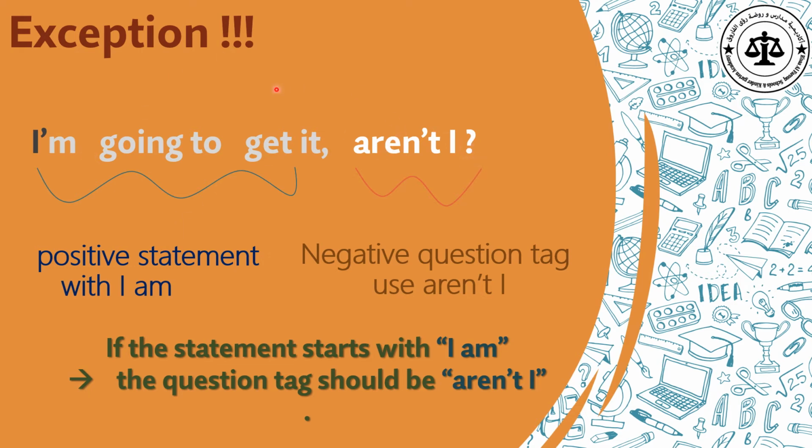So بس بهاي الحالة عندنا exception، استثناء، اللي هو إنه إذا كانت الجملة الأولى مثبتة ومبلشة بـ I, we should use aren't I. Okay? Be careful here.